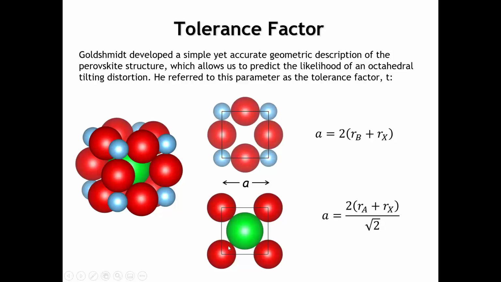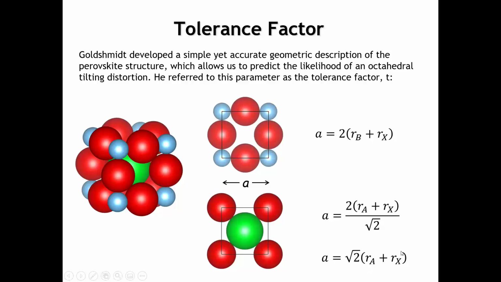So the distance along the face diagonal is going to be twice the radius of A plus the radius of the anion X. This is a 45-degree right triangle. So if the hypotenuse is 2 times the radius of A plus the radius of X, then the edge is going to be that value divided by the square root of 2. Now we can simplify that to get this.